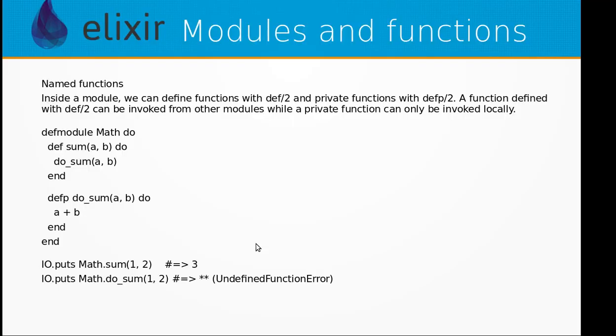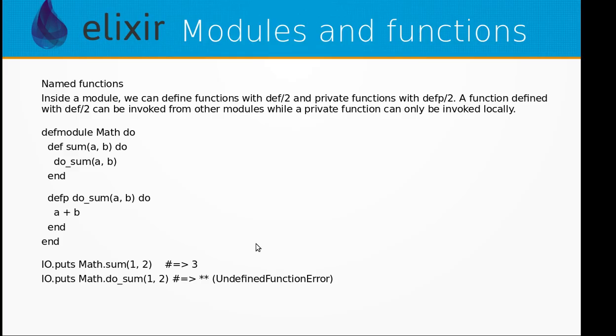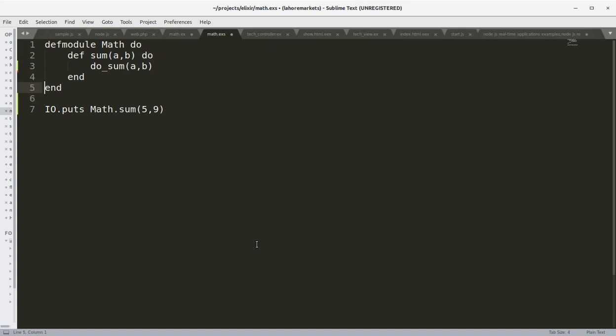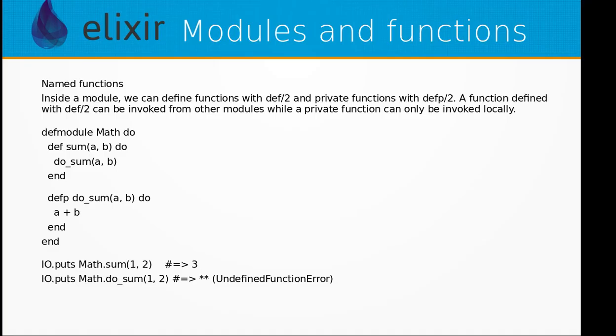What we are going to do is call our inner private function, which will be do_sum, and we will pass the parameters a, b to that private function. And here I'm going to define my private function, which will be preceded by the defp keyword.